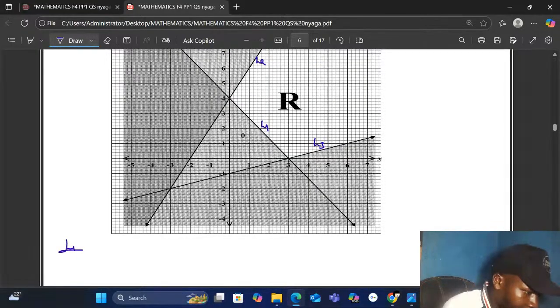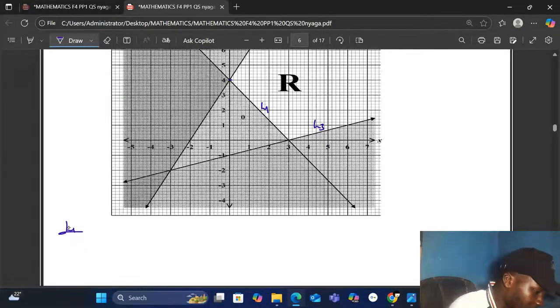L1, where is this? Now we can have this point, which is 0, 4. Then we can also have another point.